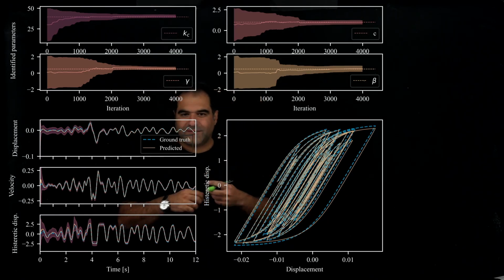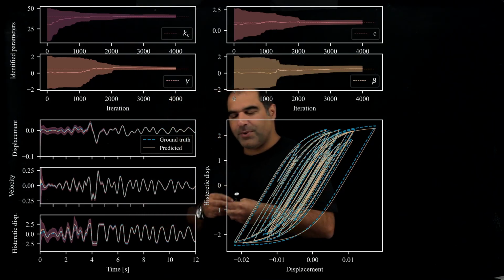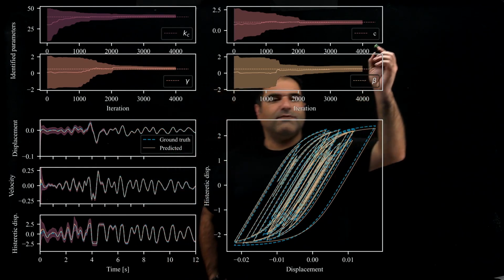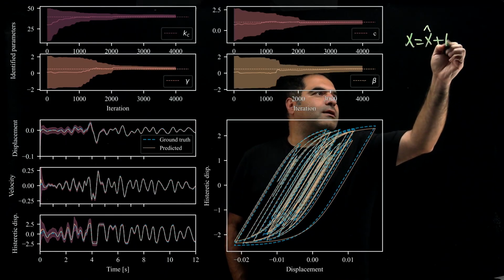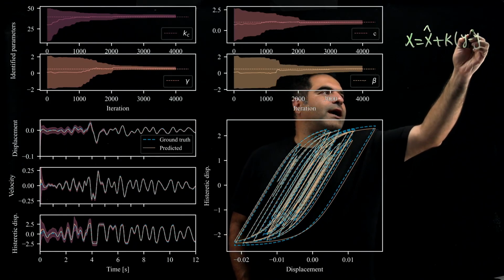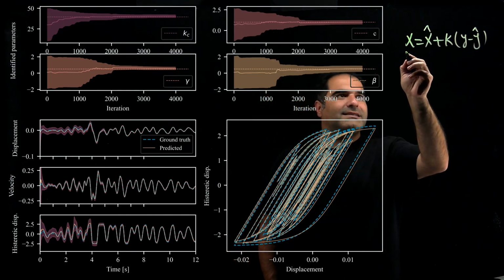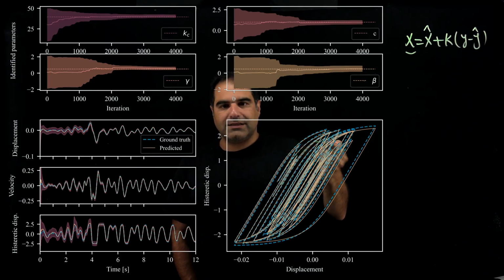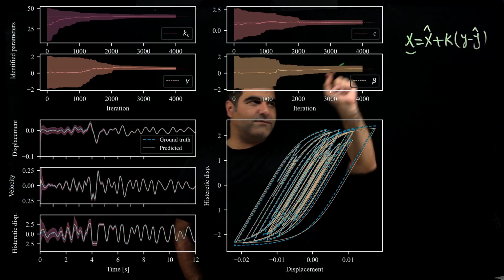But conceptually, you are correcting your prediction, and you are showing the mean of the prediction. Remember I said x is x hat plus Kalman gain times (y minus y hat). Yes, this was the magic equation in the Kalman filter. This x, which is shown here by this line, is the mean. Technically, the line is the values corresponding to whatever is inside this x vector.